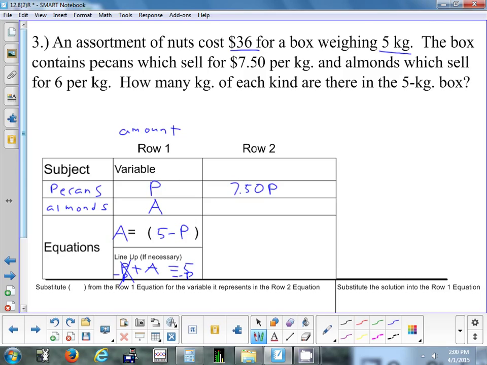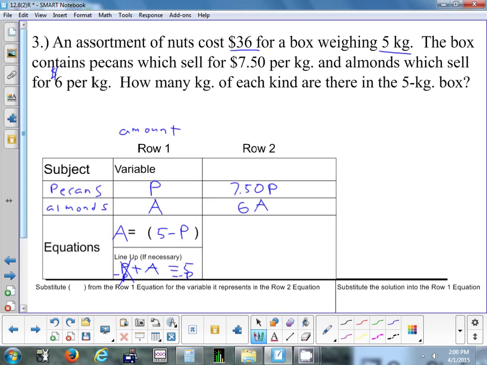Yep, $6 per kilogram. How many kilograms of almonds do we have? A. So in this row 2, it's always a value, usually in money, times an amount.